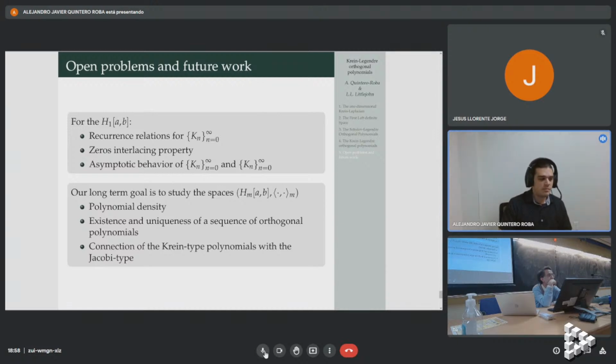Y sabemos, por ejemplo, que para H2 no tenemos polinomios de grado 1 ni grado 2. Creo que grado 3 sí lo tenemos. Entonces, lo que estamos trabajando es densidad de polinomios, que estamos casi seguros que la hay, pero de la intersección del espacio H1 con los polinomios. Sería un resultado similar a los de los polinomios seccionales, donde a pesar de que tenemos varios grados que están fuera de la asociación, igual tenemos densidad.